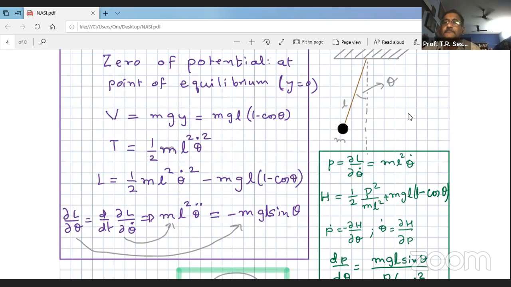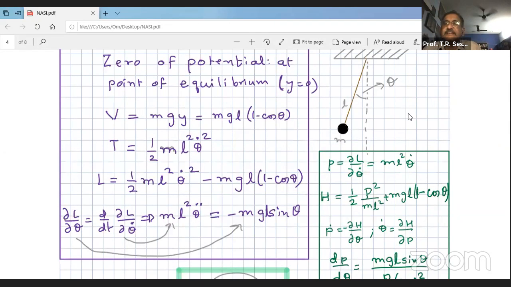I can look at it from a rotational coordinate system. m L squared is the moment of inertia for this system about the point of suspension, and theta dot is the angular velocity. So kinetic energy can also be looked at as half into moment of inertia into omega squared, omega being theta dot.